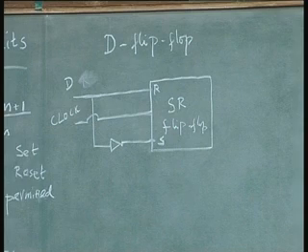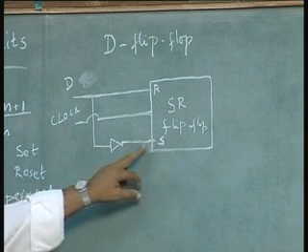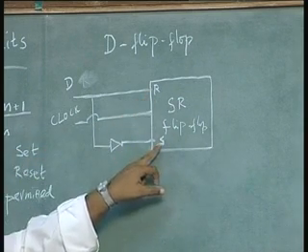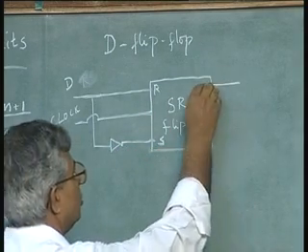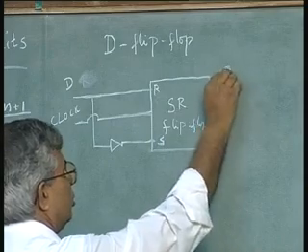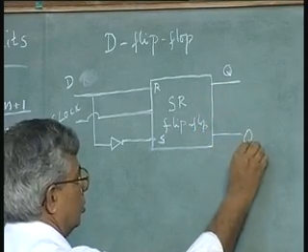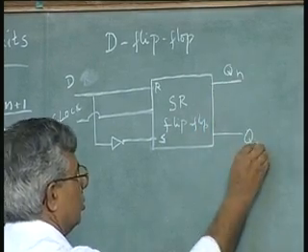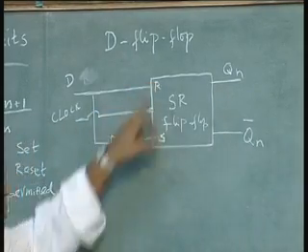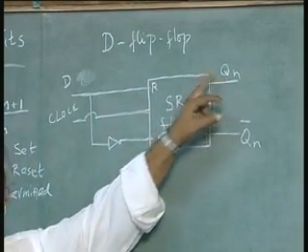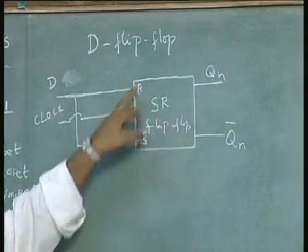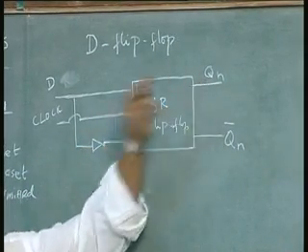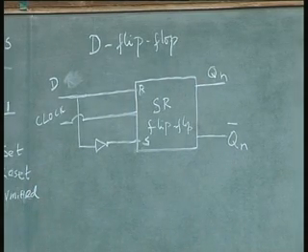If D is 1, D bar is 0, so if this is 1, this is 0, you get Q equal to 1. This is 1, this is 0, Qn will be 0. This is 0, this is 1, Qn will be 1. This is a D latch.